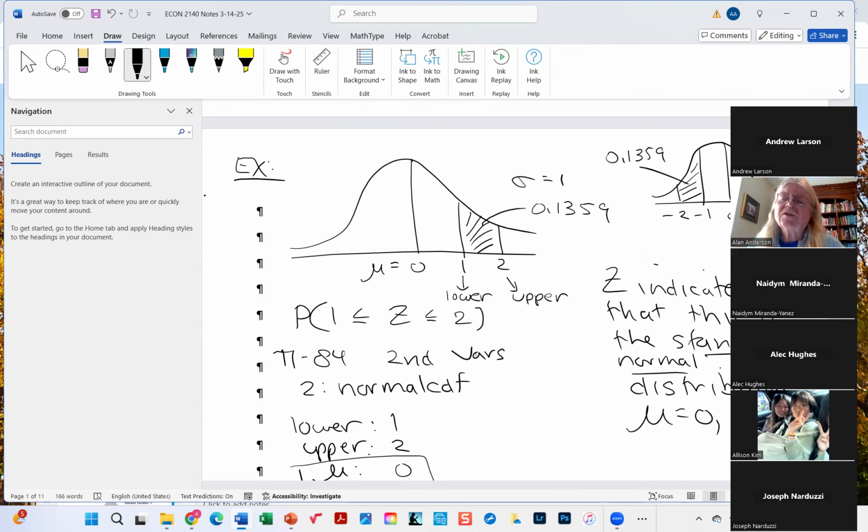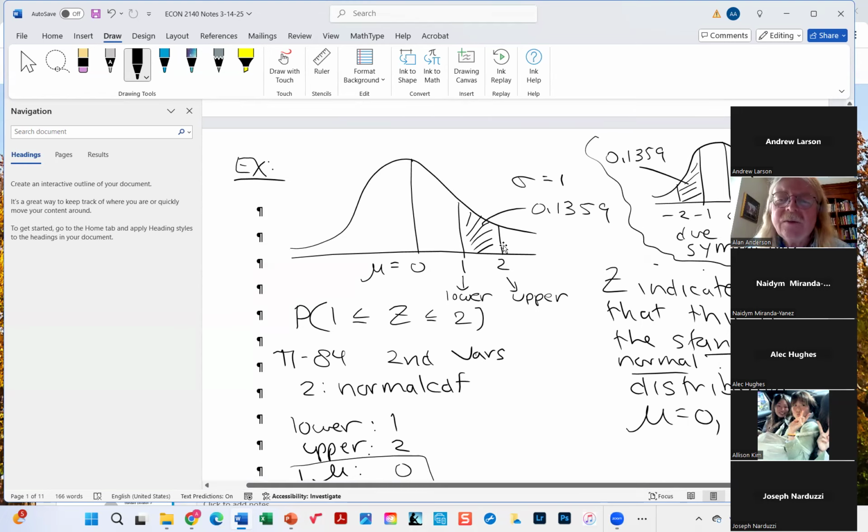So the area between positive 1 and positive 2 has to match up with the area between negative 2 and negative 1. Okay. Again, due to our favorite property in the world, which is symmetry. All right, so now we get how that works.